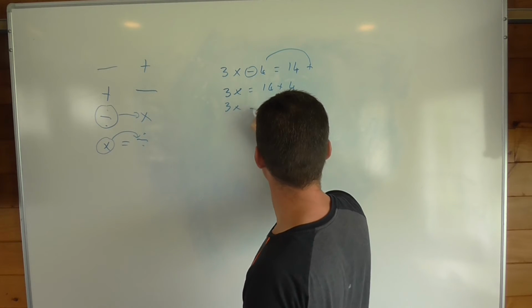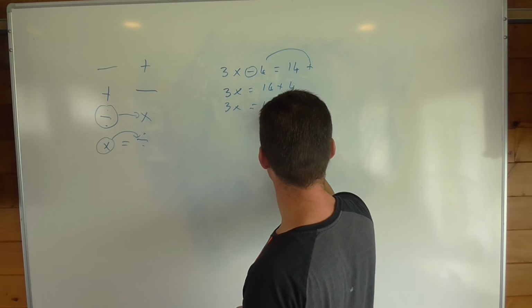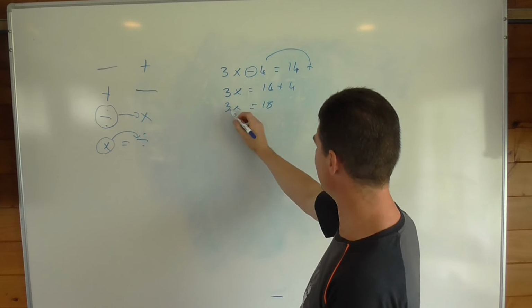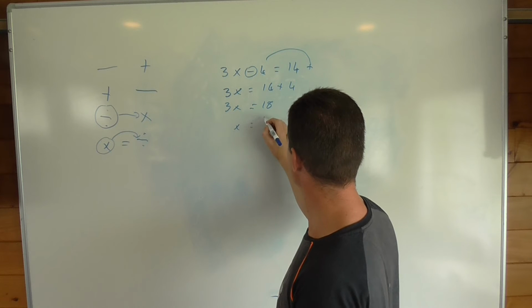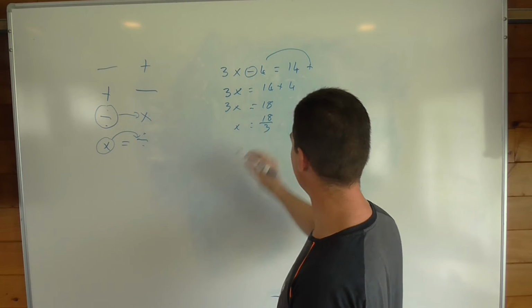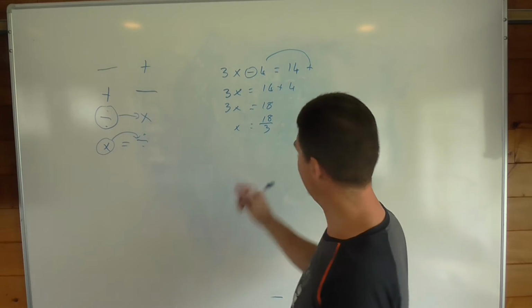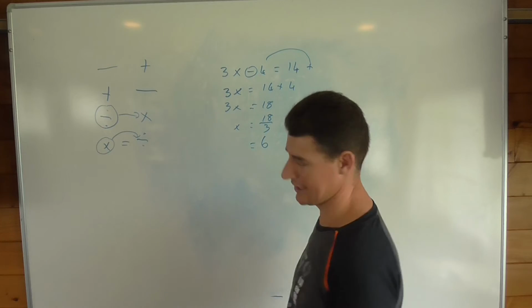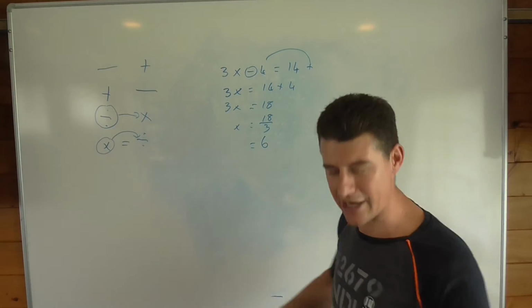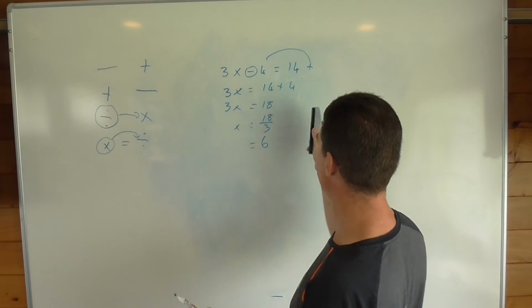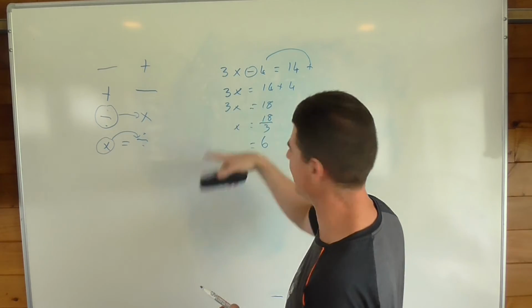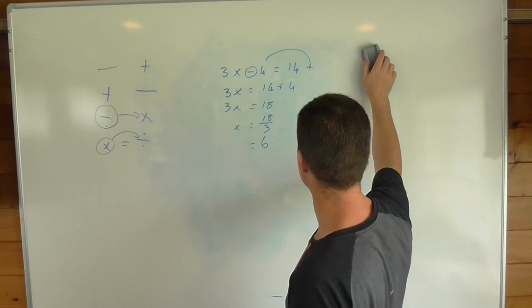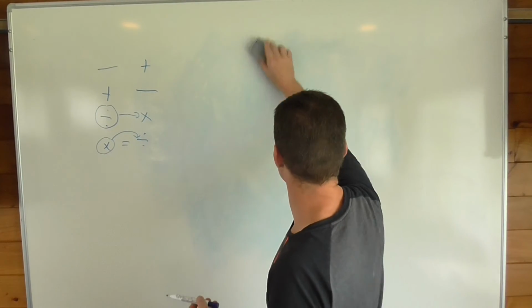So 3x equals 14 plus 4 is 18. Now x, this is like saying 3 times x, so we bring it over. So that'll be 18 divided by 3. And the answer there is 6. Okay, so see how easy it is now, just to bring it over and then you just change it. So see here we've got plus and minus and multiplication all in one. Okay.